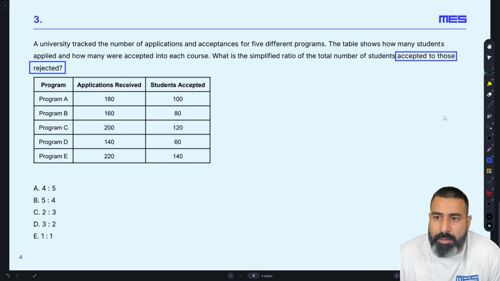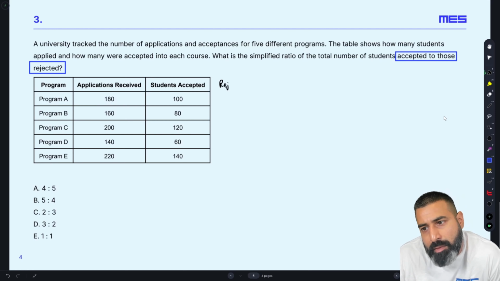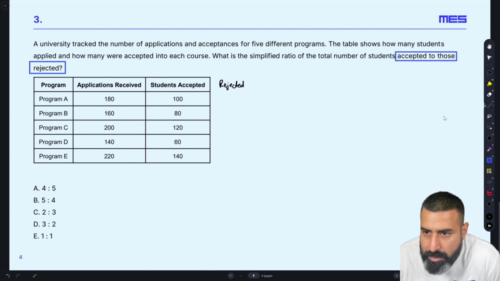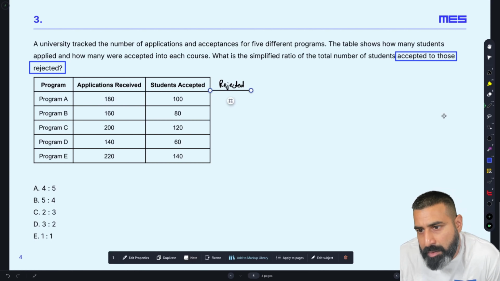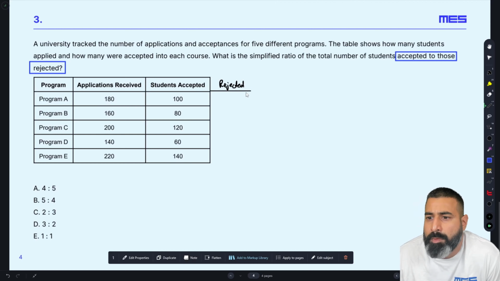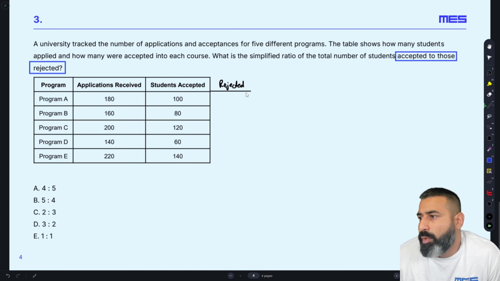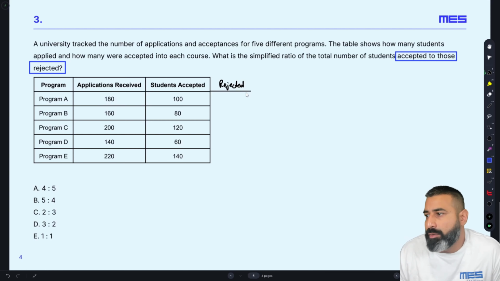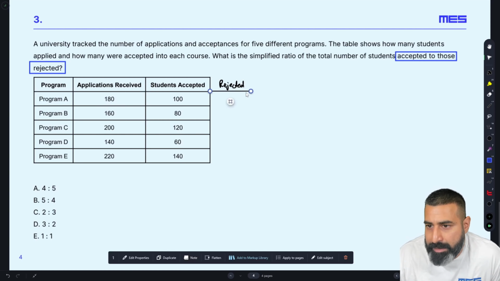So could have another column here for rejected. Okay, so where do we go? So total number of students accepted to those rejected. Okay, cool. So that isn't too bad.